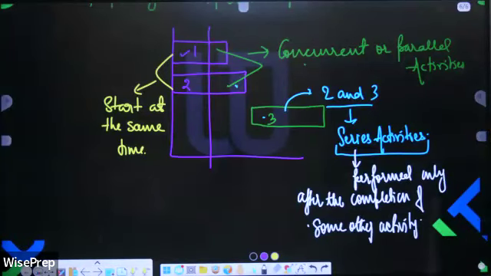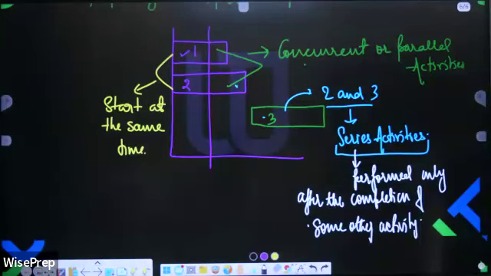So write down. Done. Written all these things.